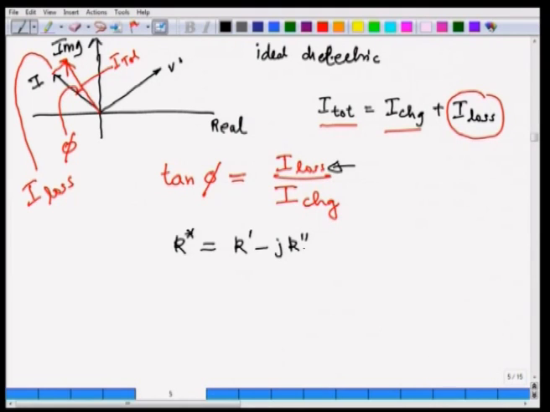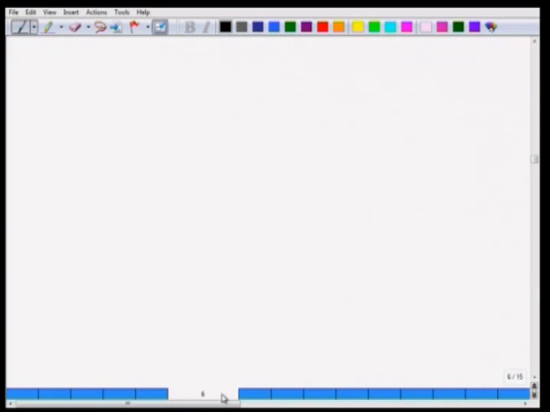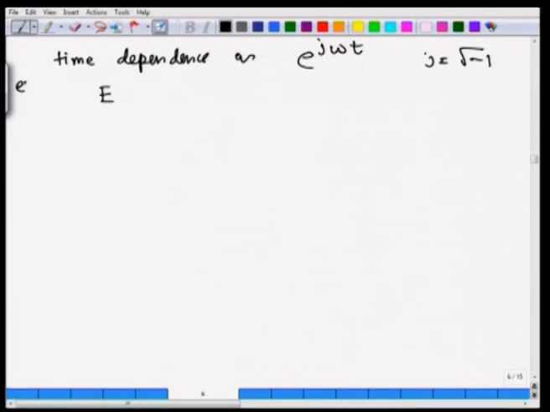That is what we are trying to understand, and let me do it in a more general fashion by writing Maxwell's equations, something you might have seen before also. Assuming time dependence as e to the power j omega t, as we had done, where j again, I repeat, is square root of minus 1. To be very specific now about these phasor quantities, let us take the electric field E as an example.